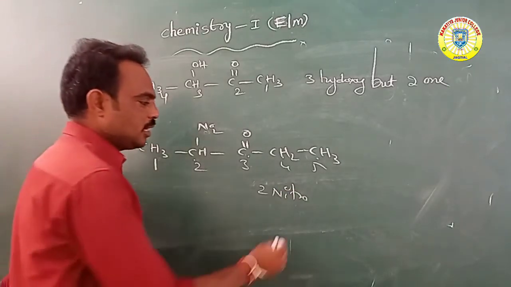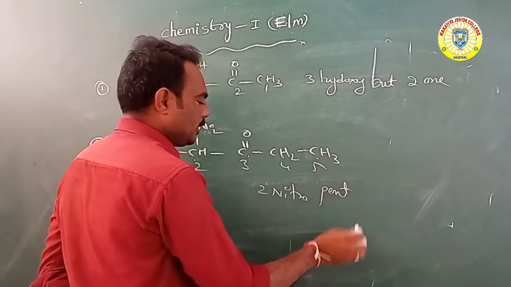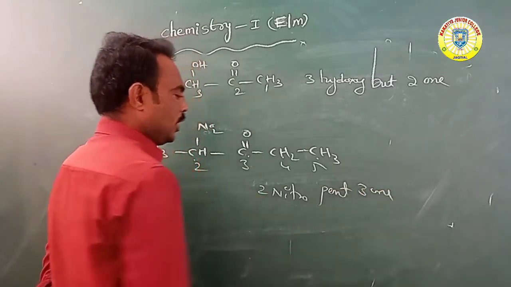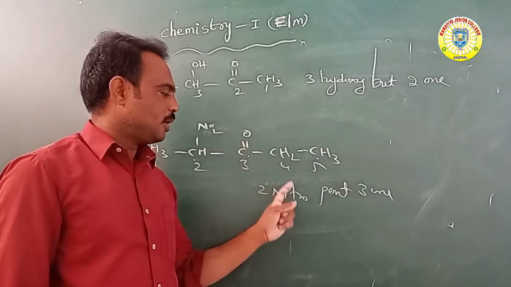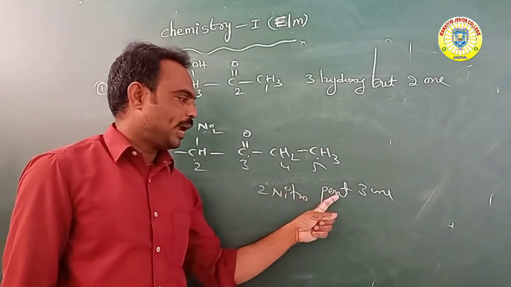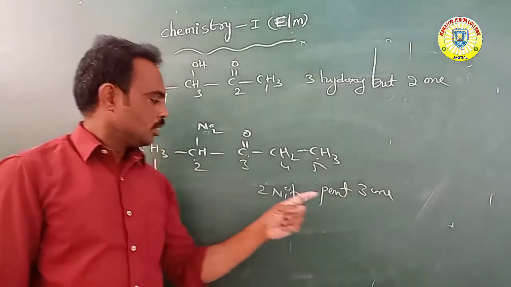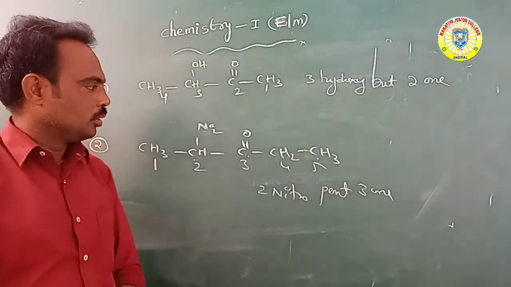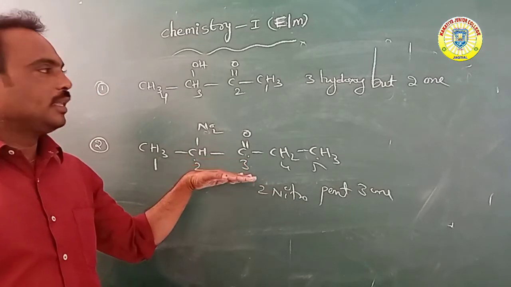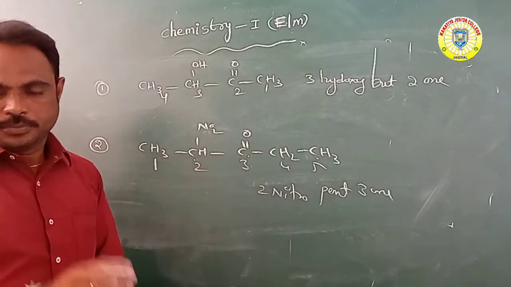How many carbons? 5 carbons. Pent-3-one, the third carbon attached with C double bond O. So 2-nitropent-3-one. So it is another IUPAC name. Okay.